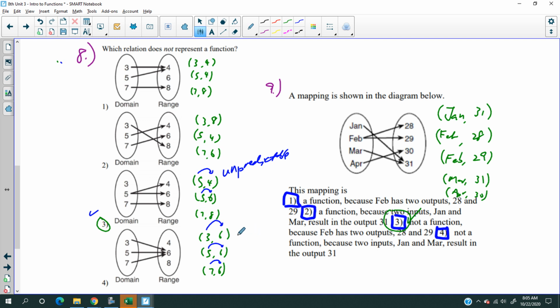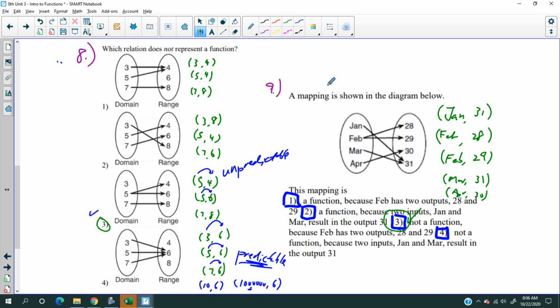Whereas this one, even though it keeps coming out with 6, is predictable. Maybe if I put 10 in, I might still get a 6. If I put in 1,000,000, I might still get 6. So at least it's predictable, and that's what makes this a function.